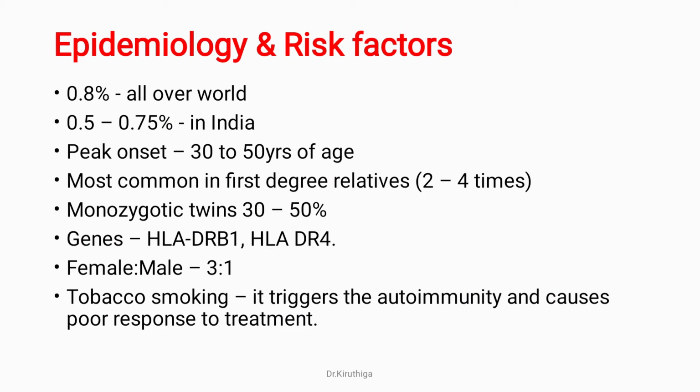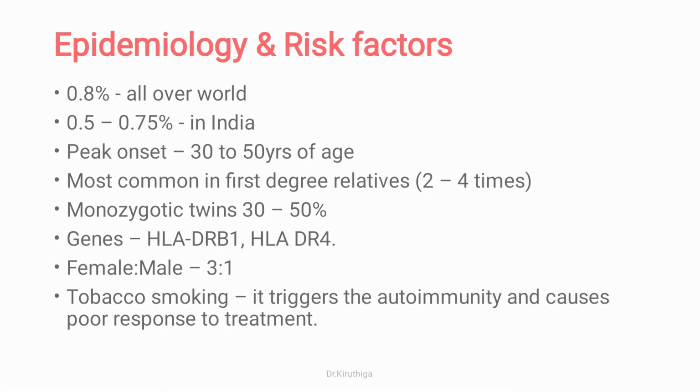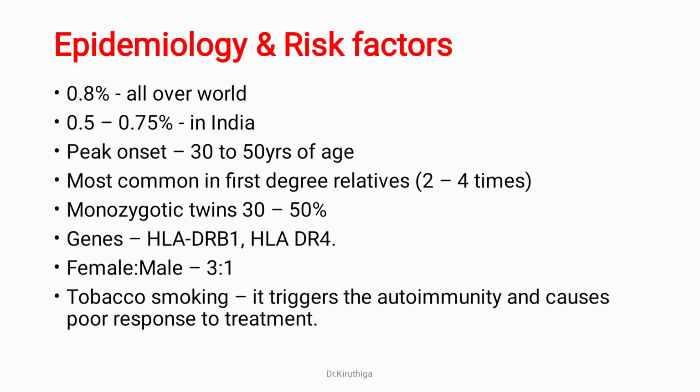When we see the epidemiology and risk factors, the exact etiology of rheumatoid arthritis is unknown. It is a very common disease and we can see patients throughout the year in our OPD. It is most commonly seen in monozygotic twins and in first degree relatives because of genetic predisposition.